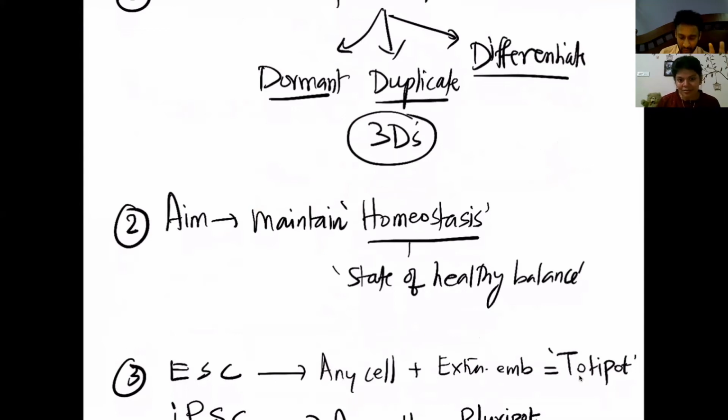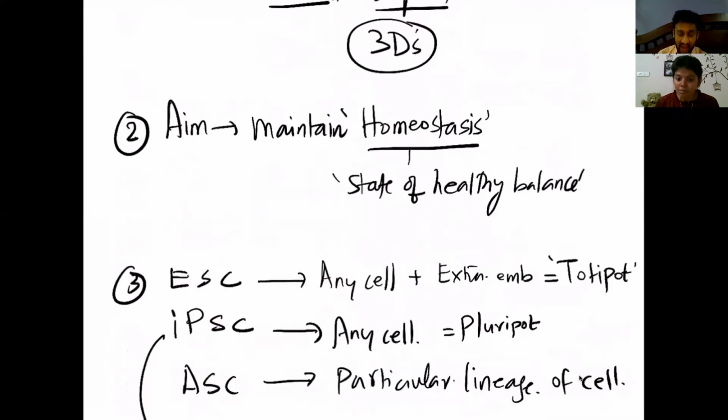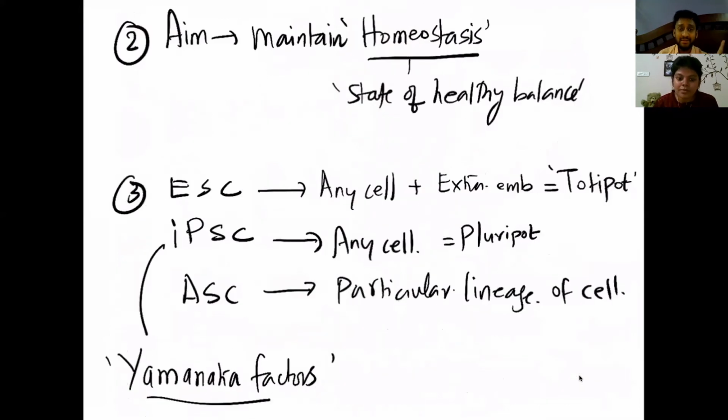So the ultimate aim of stem cells is to maintain homeostasis. In our body, there is a disease state and a healthy state. So it's all a battle between disease and the healthy state. Stem cells are going to try to maintain that state of healthy balance. And we have 3 types of stem cells, as Yogapriya mentioned.